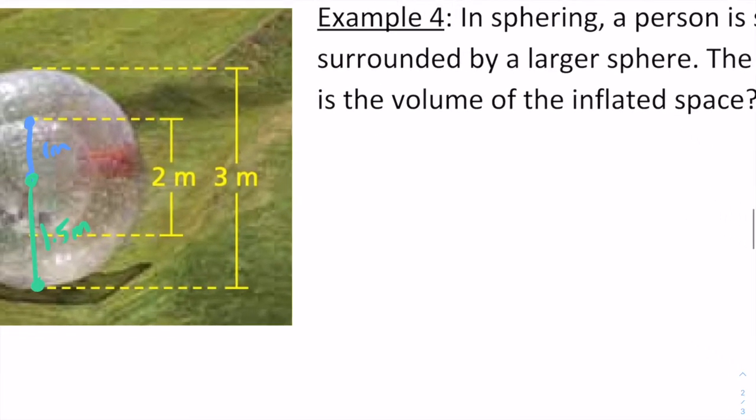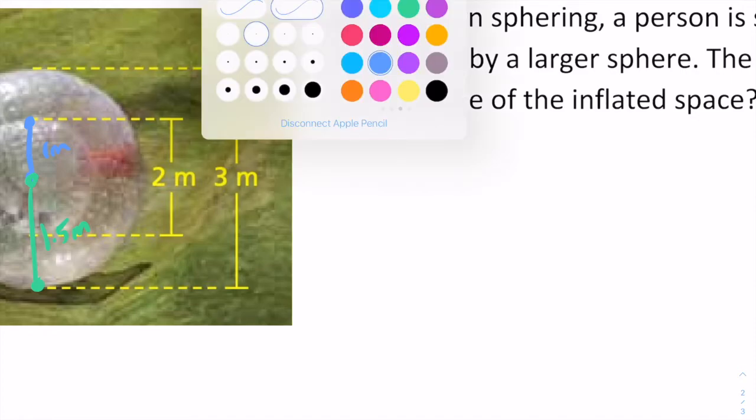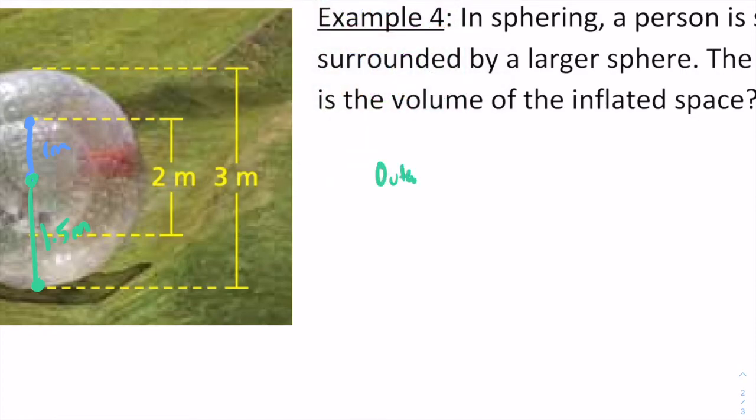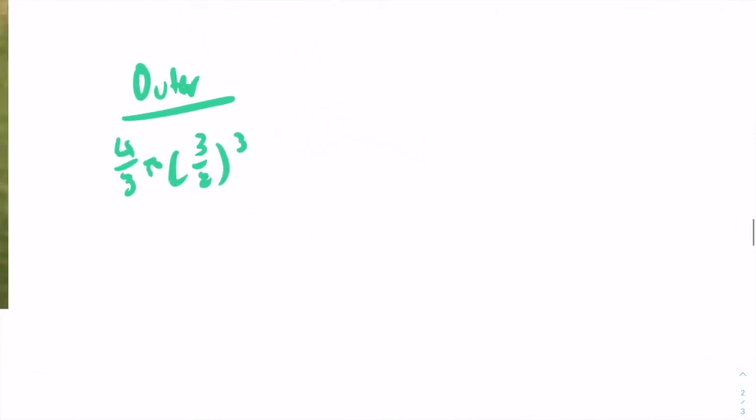So now let's find the volume. I'll do the outer sphere first. So my outer sphere is going to be 4/3 pi times 3/2 cubed. And that's the same thing as, remember, 3/2 cubed is 3/2 times 3/2 times 3/2, and you get 27 over 8.